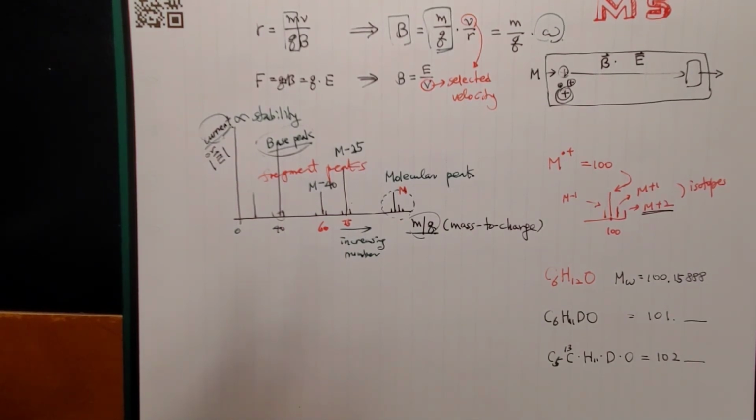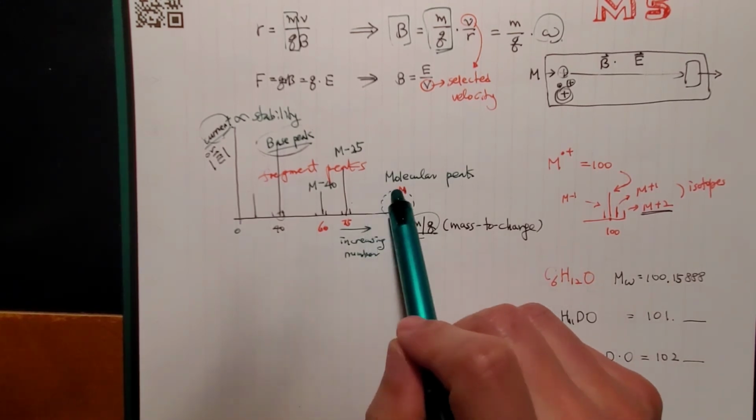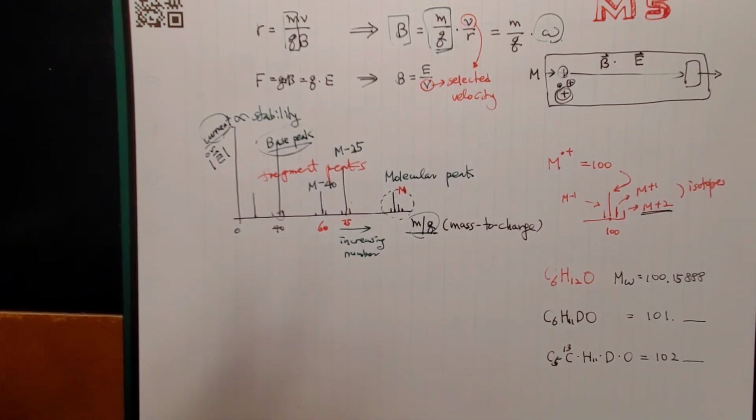And then you also have to rely on the isotope peaks for certain cases. And then the fragmentation pattern will give you an idea of the overall structure. So let's now talk about how the molecules fragment. What are the typical mechanisms?